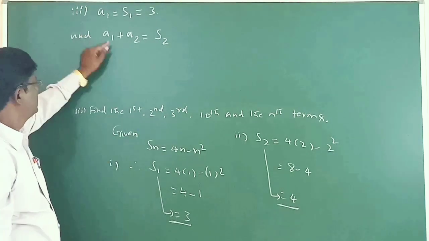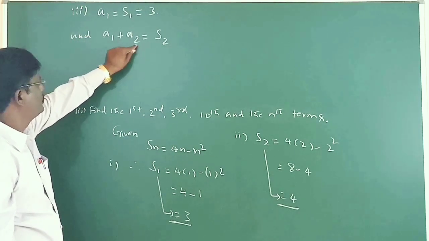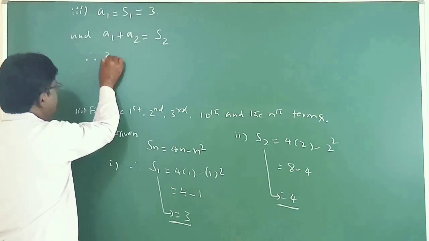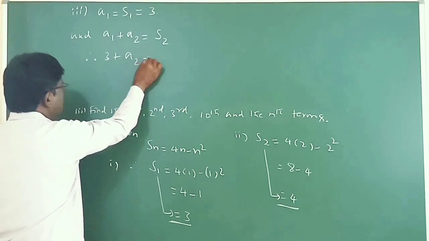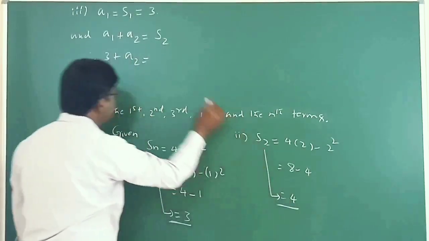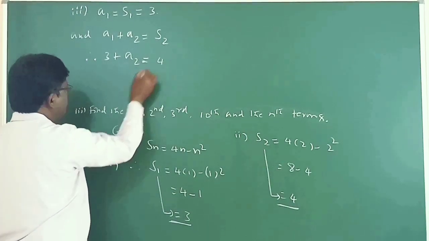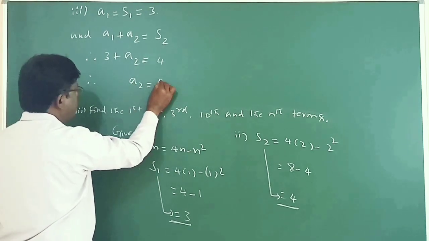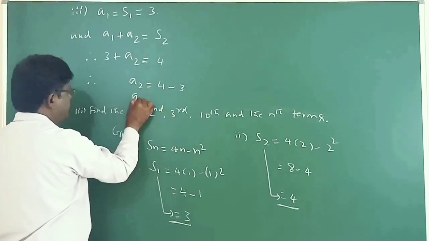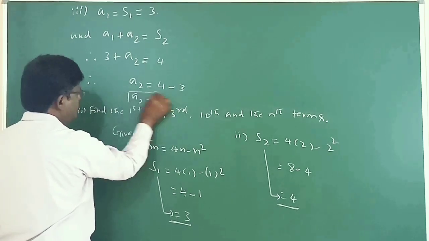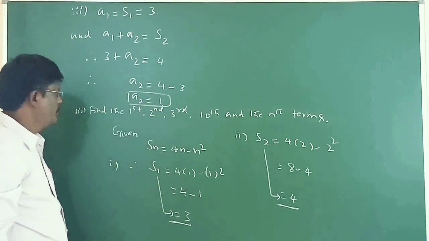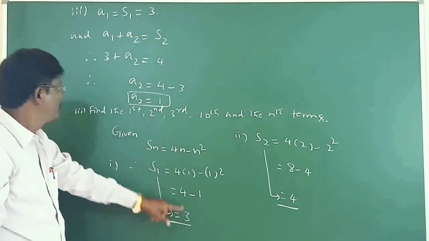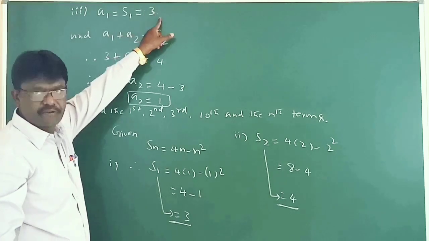Therefore a1 plus a2 equals S2. a1 we know is 3, a2 unknown, S2 we found is 4. Therefore a2 equals 4 minus 3. Thus the second term is 1. The first term is 3.